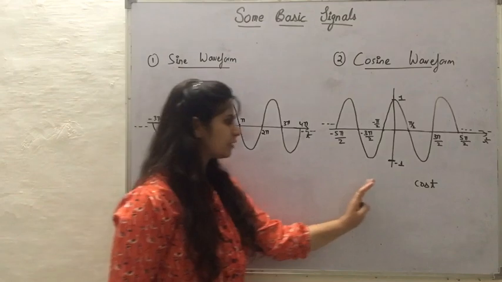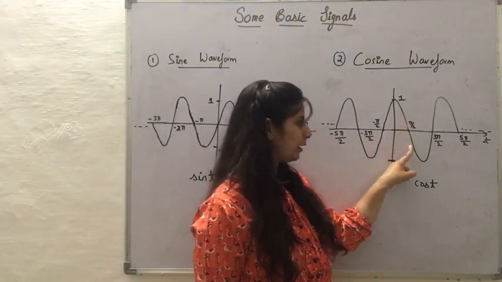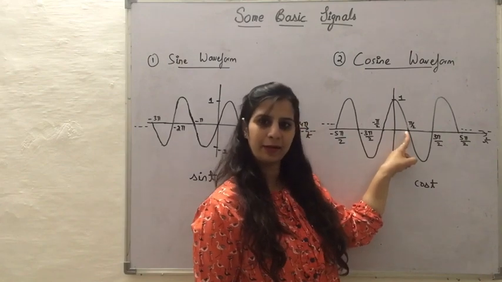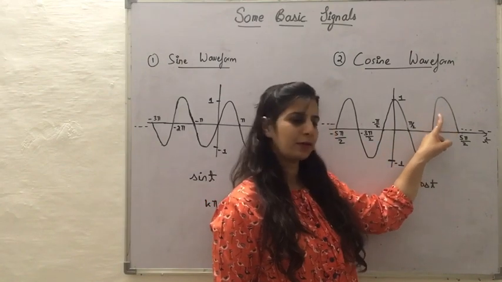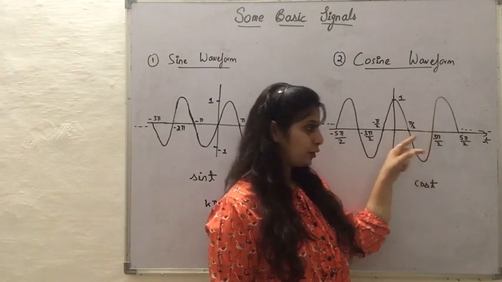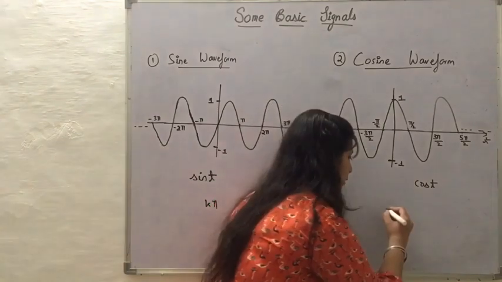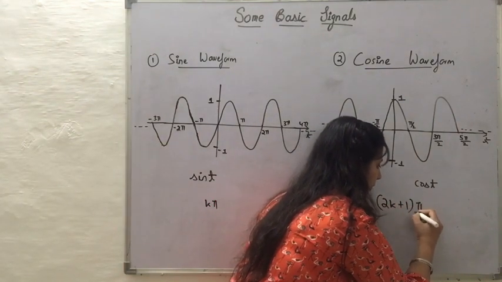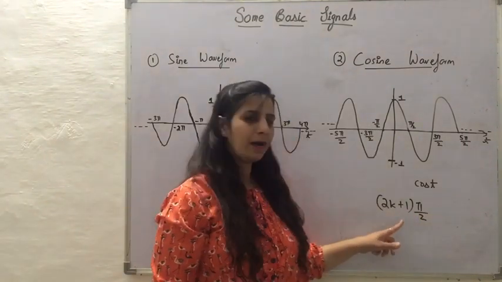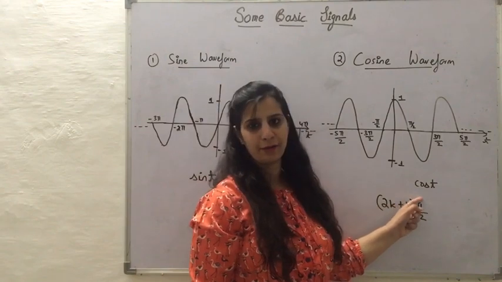When you look at this waveform, it is going from a positive value to a negative value at this point, which is pi by 2. Then again it is going from a negative value to a positive value, so it is giving a zero crossover. So for a cosine waveform, the zero crossovers occur at (2k plus 1) multiplied by pi by 2. For every odd multiple of pi by 2, there would be a zero crossover for a cosine waveform.